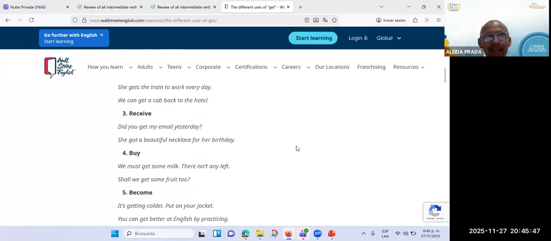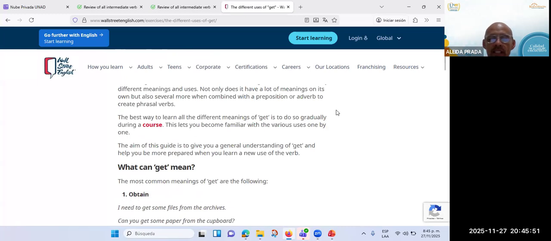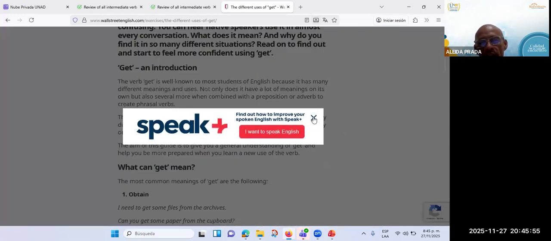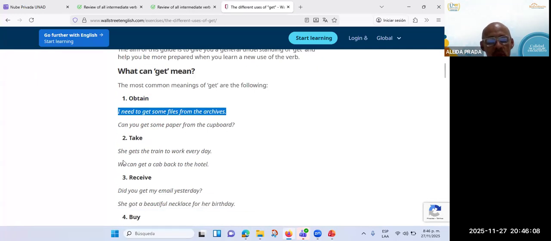I think get is one of the most used verbs in English. When you listen to an audio or watch TV, you can hear that word a lot of times. Let's see some examples. Obtain. I need to get some files from the ships. Yo necesito obtener algunos archivos. She gets the train.